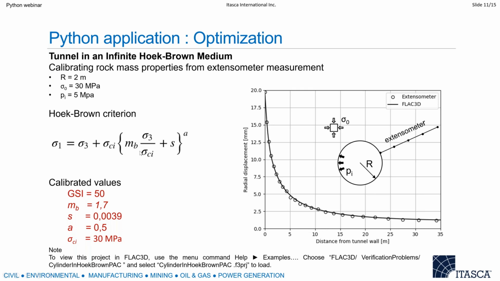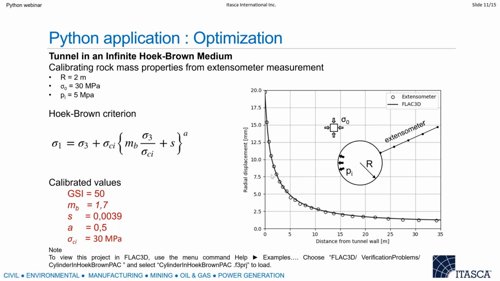The question is that I want to calibrate the properties of the Hoek-Brown criterion from the extensometer measurements. How can I do that? We know that we can estimate the values of the different parameters of the Hoek-Brown criterion from the GSI index. Here is the data from the extensometer.